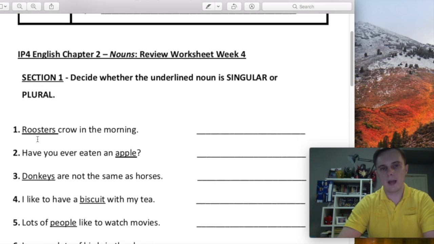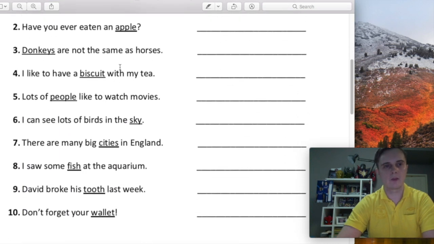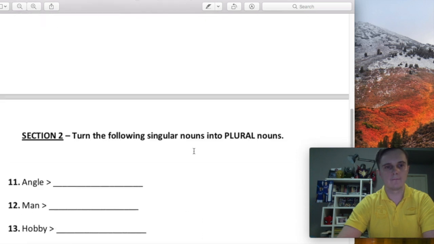So look at the underlined noun, roosters crow in the morning. Noun underlined is roosters. If you think that that is a singular noun on this line, write singular. If you think that that is a plural noun, write plural. Very easy. Do the same for questions 1 to question 10. Look at the underlined noun and write singular or plural.